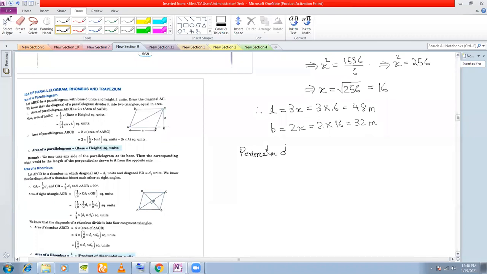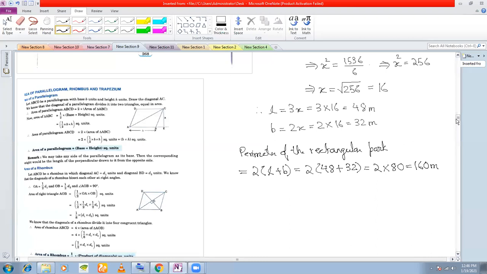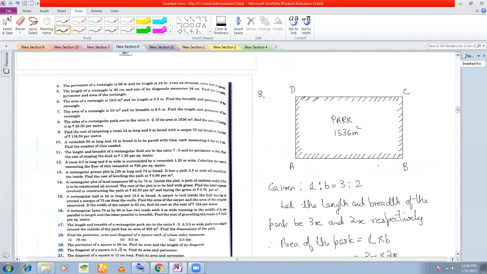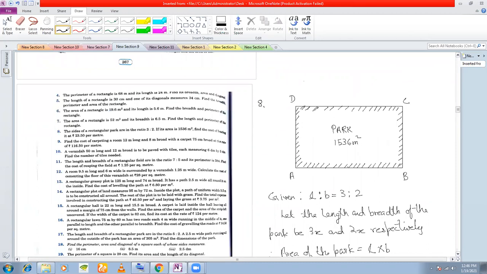Perimeter of the rectangular park is equal to twice of L plus B. So twice of 48, the length, plus 32, the breadth, which is 2 into 80. 48 plus 32 is 80, which is 160 meter. This is the perimeter, that means the total length of all the sides of the rectangular park.